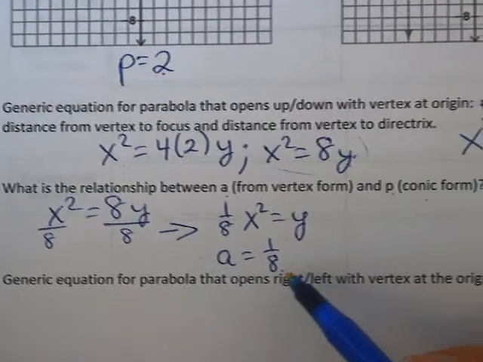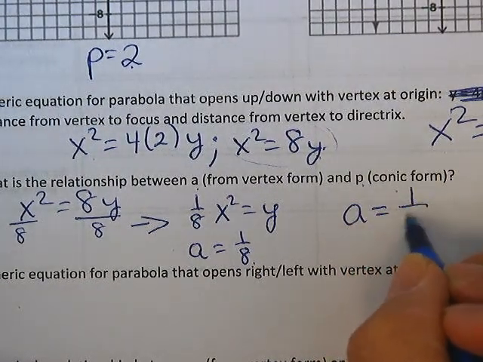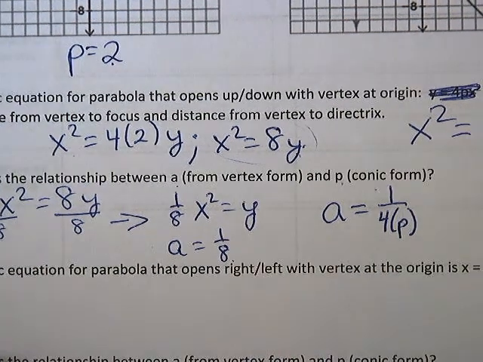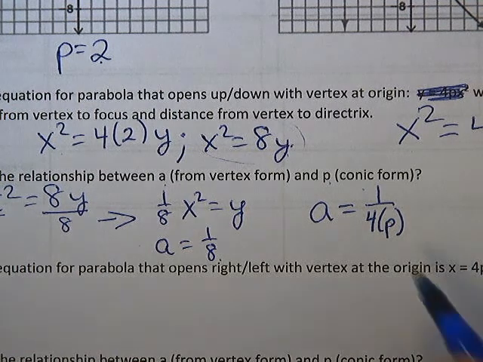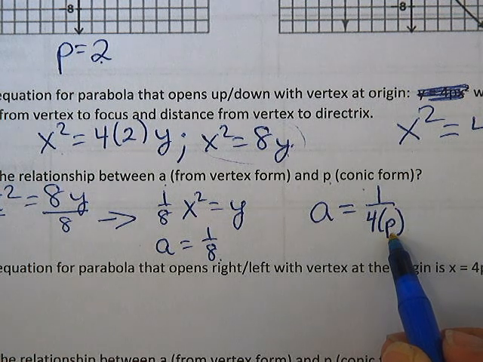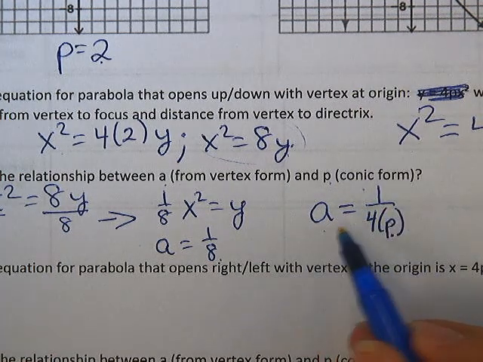The way we'd express this in a relationship is a is equal to 1 over 4 times p. So this is very handy if we know the p value. And again, p is the distance from the vertex to the focus, or from the vertex to the directrix. We can plug it in to find a.